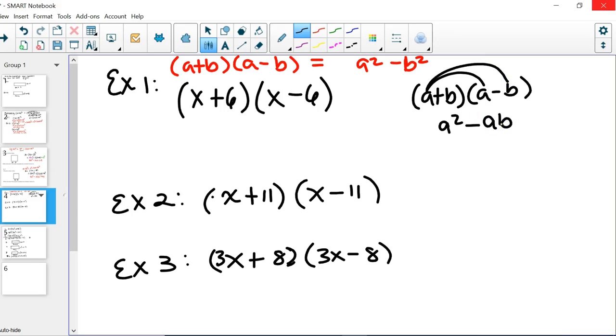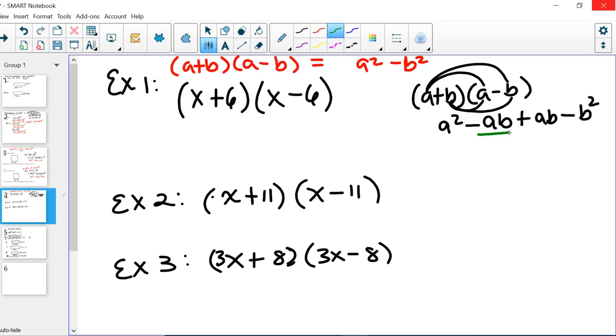Then you multiply b times a, that will be plus ab, well ba, but you want to put it in alphabetical order of ab. And then b times minus b, that will be minus, positive times negative is minus, right? So minus b squared.